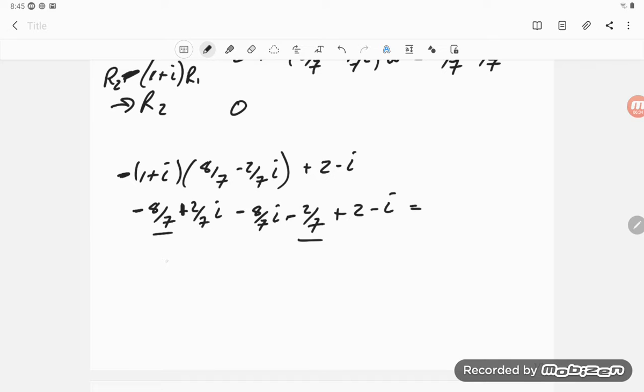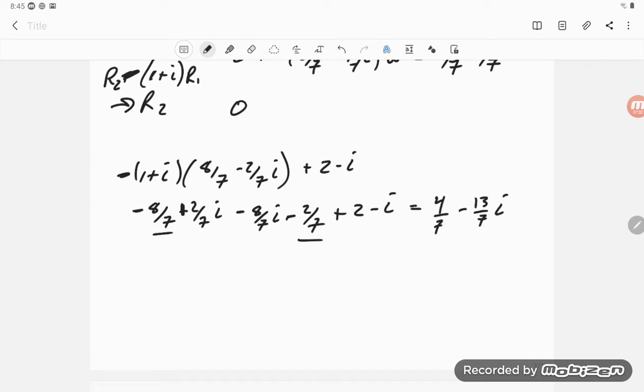So we have our -10/7 and 14/7. That's 4/7. And then -6/7 and a -1, that's -13/7 i.